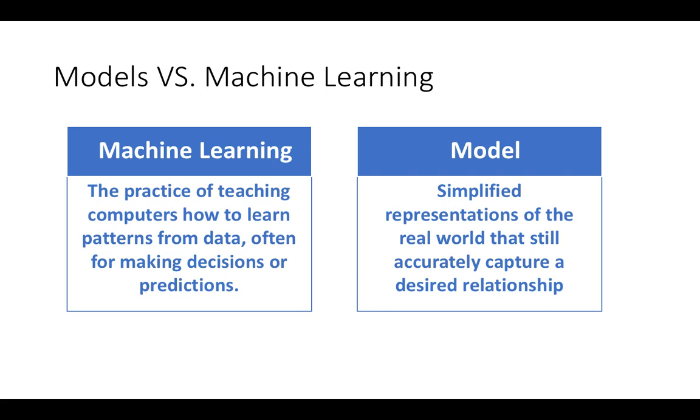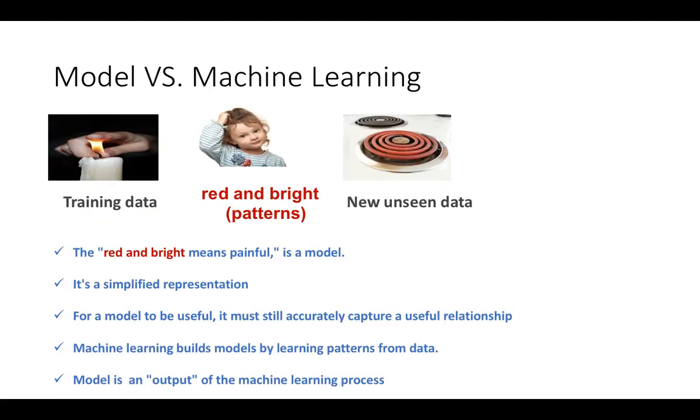So it's very important that we build models in such a way that they accurately capture a desired relationship. If they complicate that, then it's not a good model. At the same time, if they are not even capturing the desired relationship that exists between the input features and the target variable, then also we are not building the right model. So that is the point that we will try to understand.